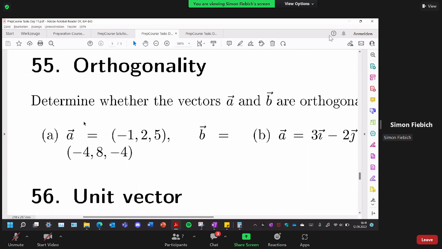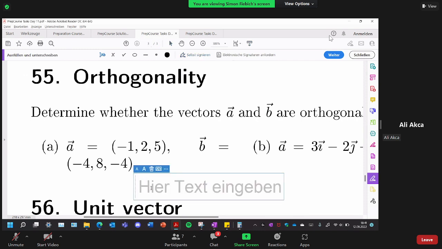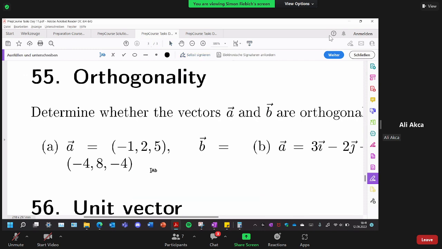So what is the scalar product of these two vectors? 4, 8, 16, 20. So 4, 16, and 20. Sorry, negative 20, right? So 4 plus 16 minus 20 is 0. So these should be orthogonal, right?